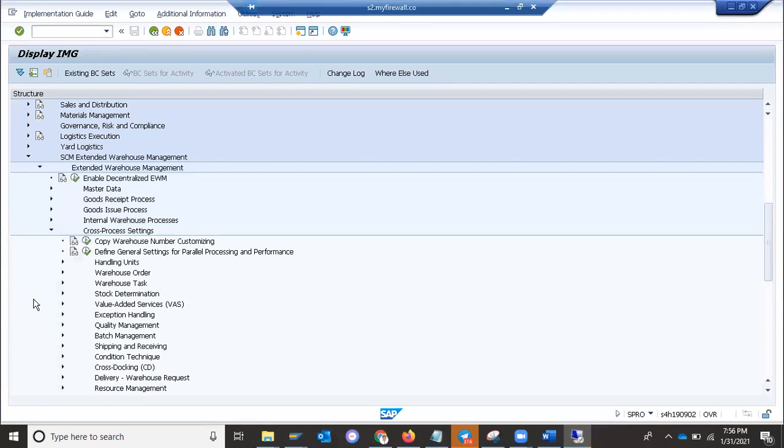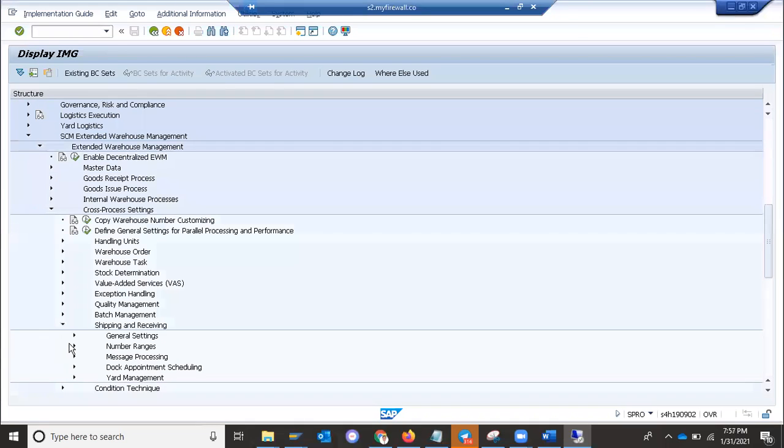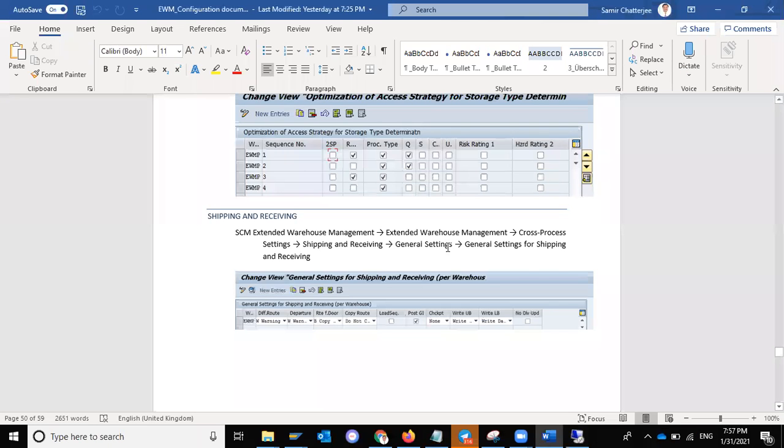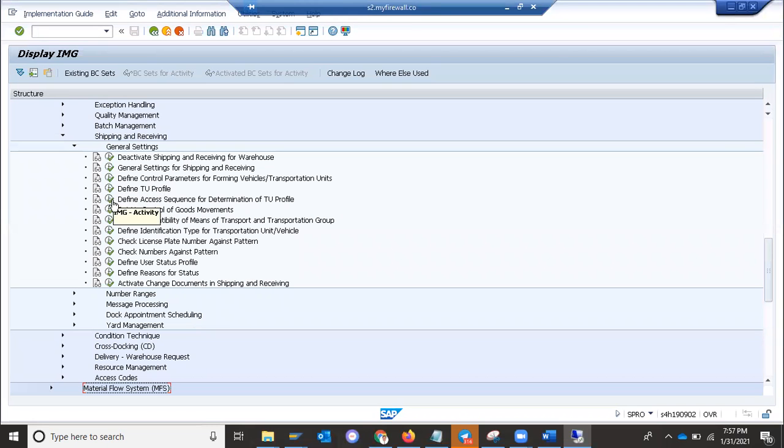Cross process setting, shipping and receiving, general setting. General setting for shipping and receiving.